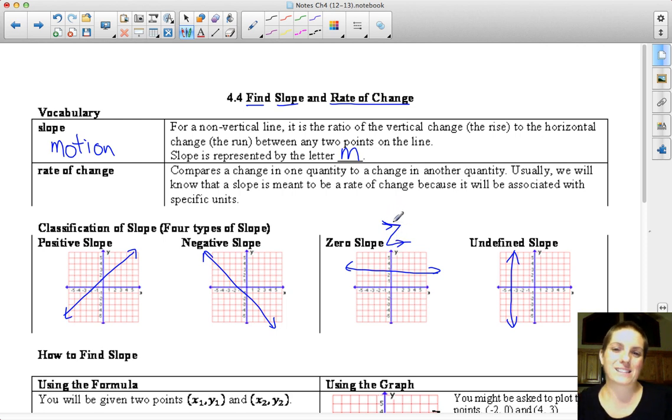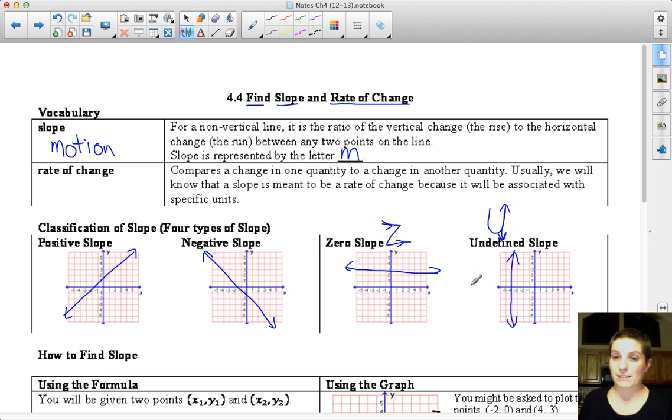So we know that zero slope goes with horizontal lines. And the other trick to help you remember is that we could write a U this way with a line on the end of it to remember that undefined slope goes with vertical lines.